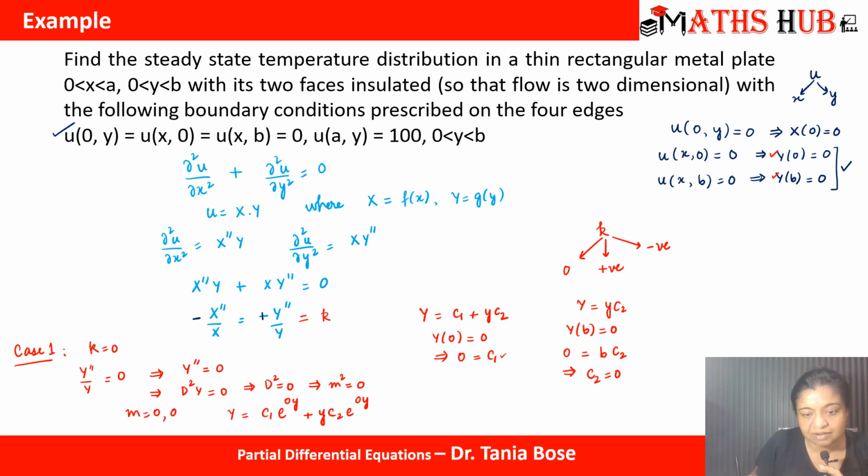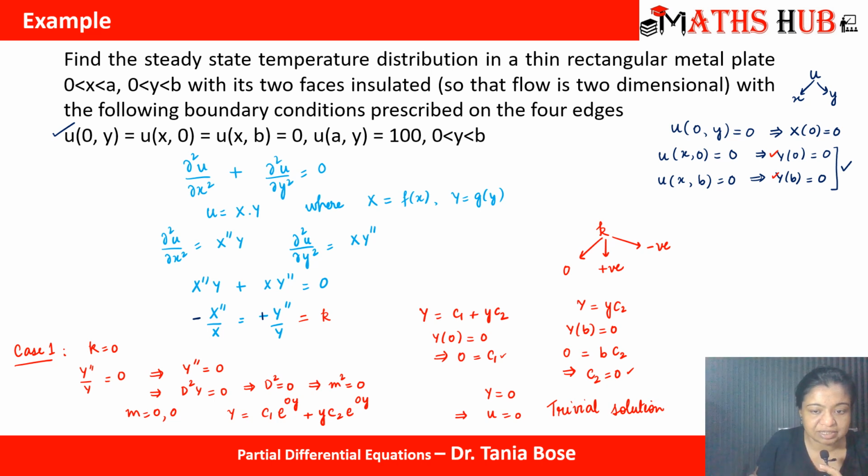So if both C1 and C2 are 0, that means y is equal to 0. And if y happens to be 0, that means u is also 0. So if u becomes 0, whatever is x, that is always a trivial solution, right? But we are not interested in trivial solution.